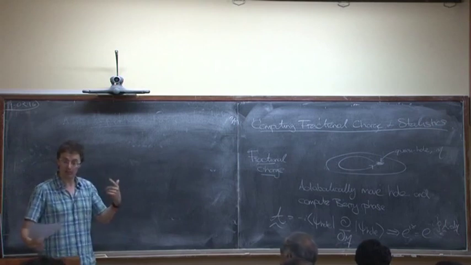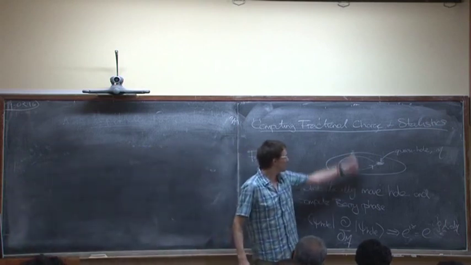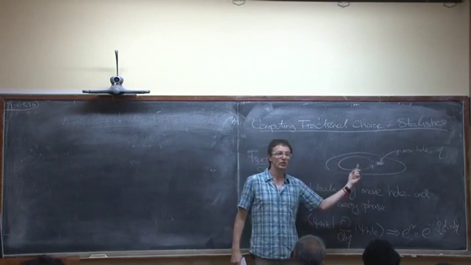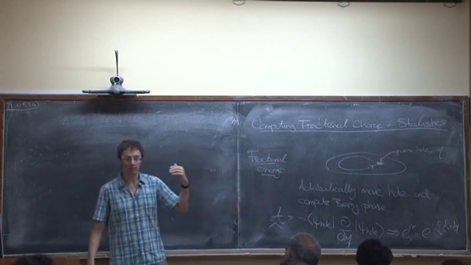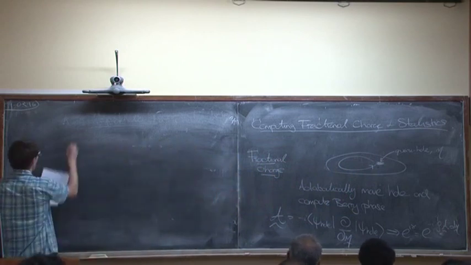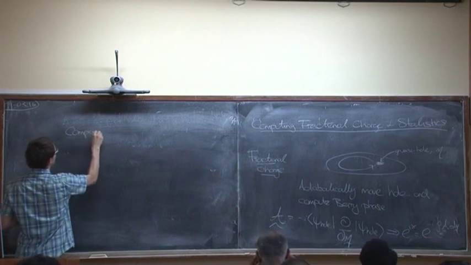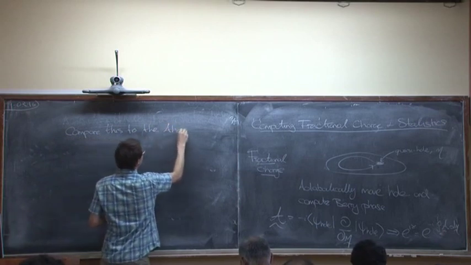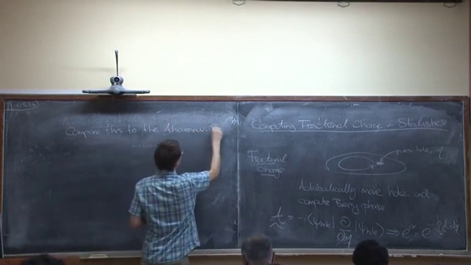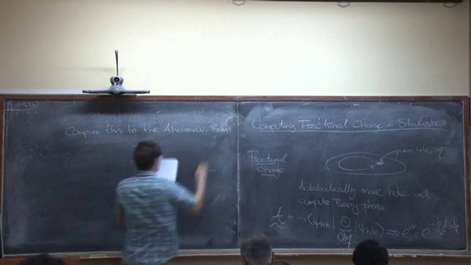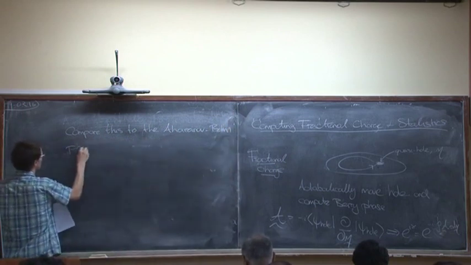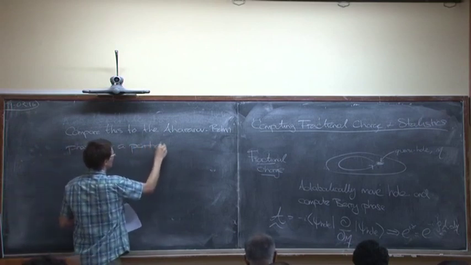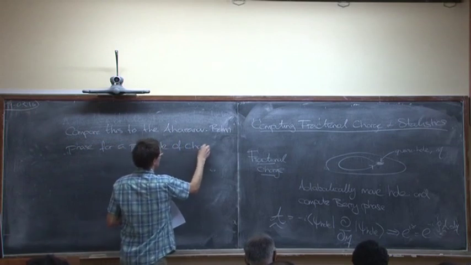But now we compare to what we would expect. Because this, of course, is a system with a magnetic field going through it. And as this particle moves around, it's going to pick up the Aharonov-Bohm phase. So you compare this to the Aharonov-Bohm phase for a particle of charge e star.